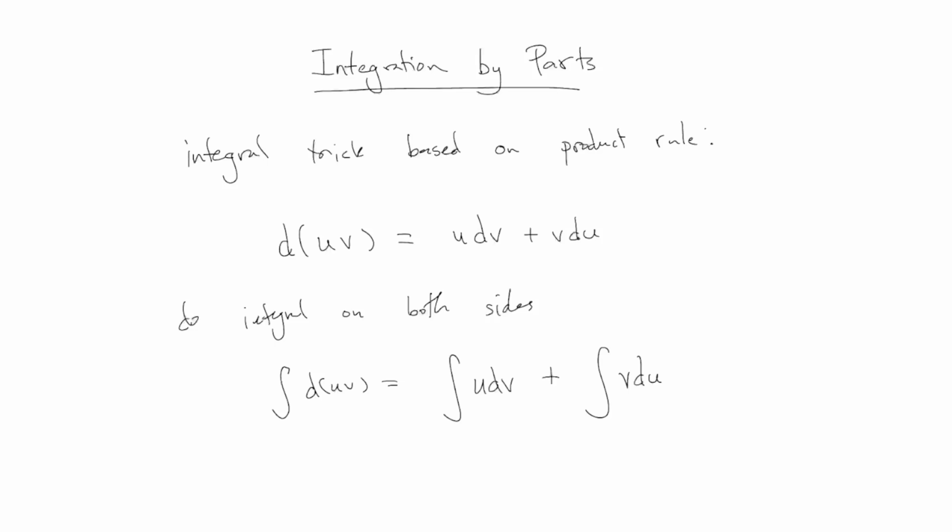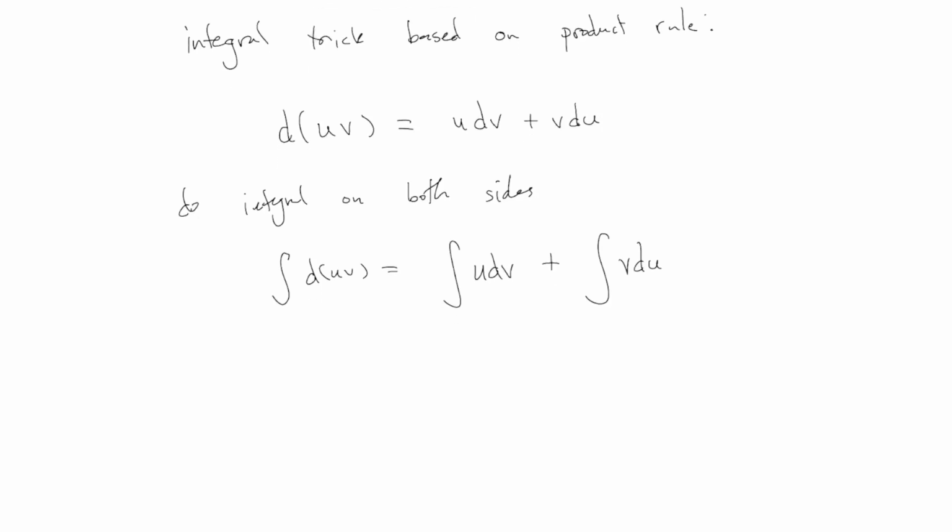I write my u's with a little tail on them for this precise reason. On the left side we have the antiderivative of the derivative of uv. This ends up being just u times v, because the integral and the derivative cancel out. So this says uv equals the integral of u dv plus the integral of v du.